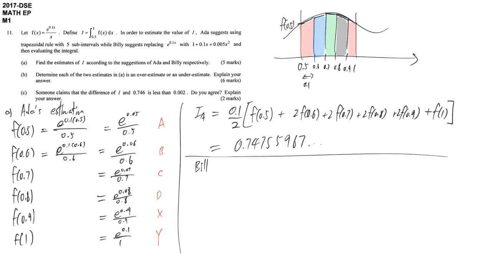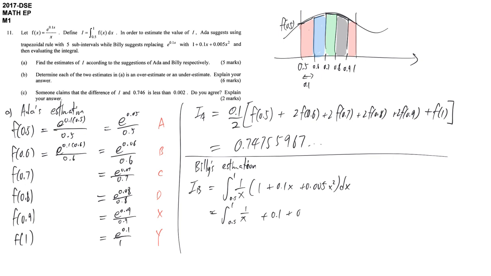Now we are considering BD's estimation. It just replaces part of our f(x). It becomes 1 over x times (1 plus 0.1x plus 0.005x squared). And then separate the terms. We have 1 over x, we have 0.1, we have 0.005x. Integrate it. We get ln x, 0.1x, and also 0.005x squared divided by 2, from 0.5 to 1.